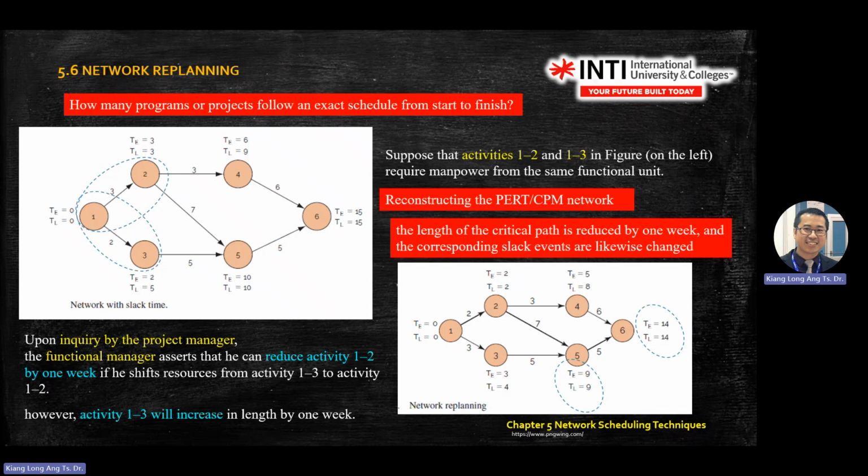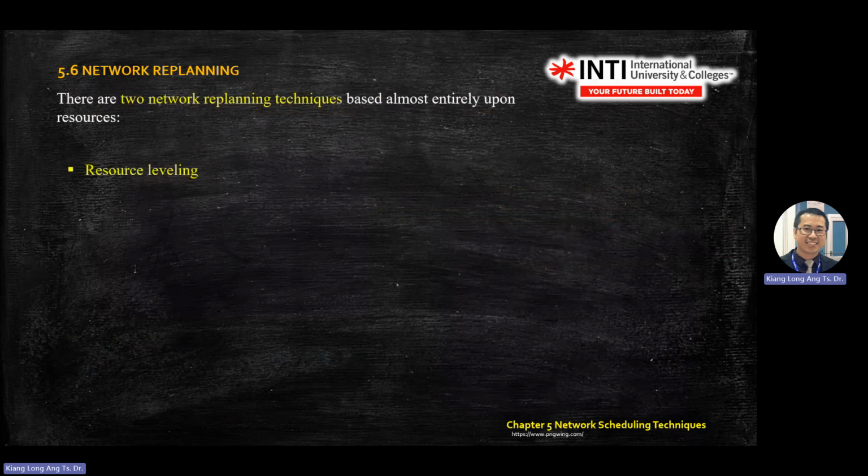The success rate will increase a little bit. So also, if the question asks you what is the success rate if you do maybe 13 days, the percentage will also increase. Okay, so this is replanning.